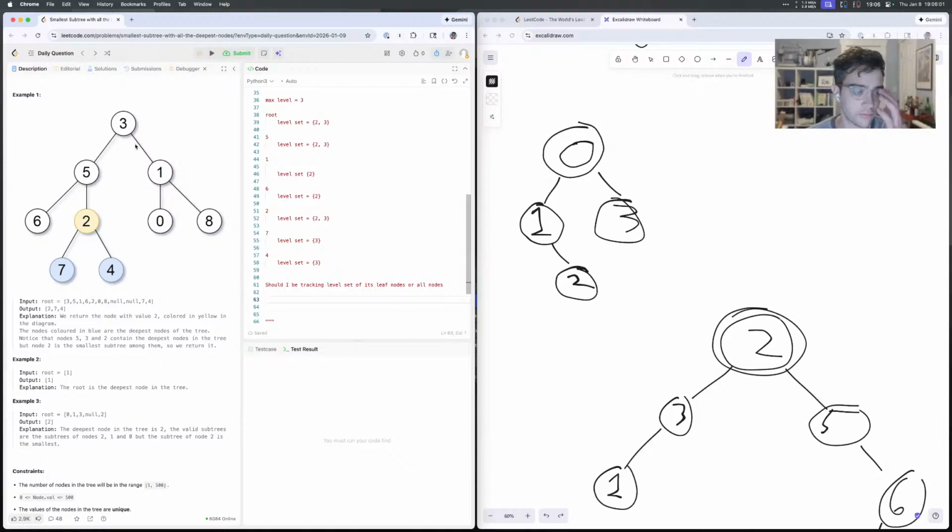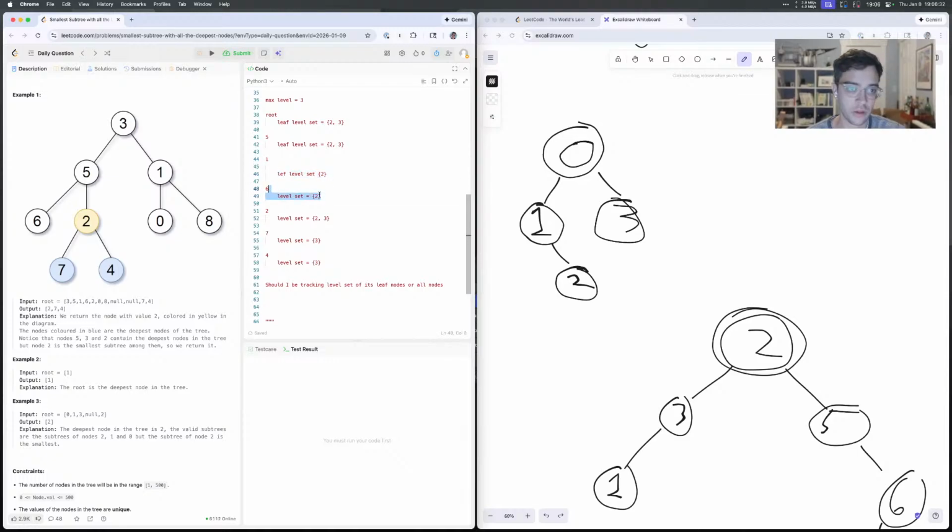So this root's leaf level set is 2 and 3. Five's level set is 2 and 3. One's level set is just 2, but that's not our answer. So they can't be that.